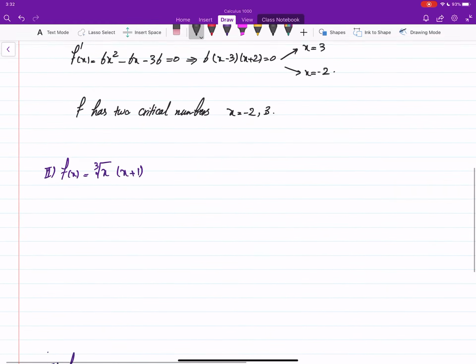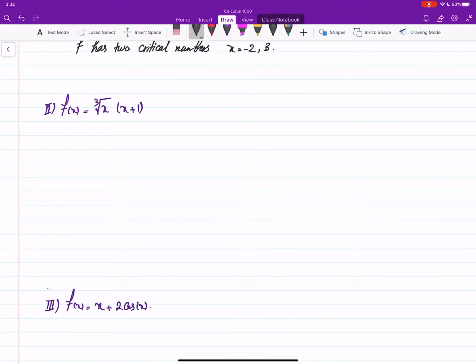Okay, how about this one, f prime of x? First we try to find the derivative. When you differentiate this, this is the product rule. So this is the derivative of the first one times the second one plus the first one itself times the derivative of the second one.